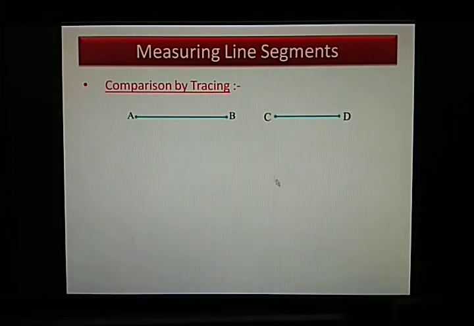Say we have two line segments, the same AB and CD. Now here we will not be observing it, we will be using the tracing paper. AB will be kept as it is. We will trace CD and see if CD is greater or not than AB in terms of length.